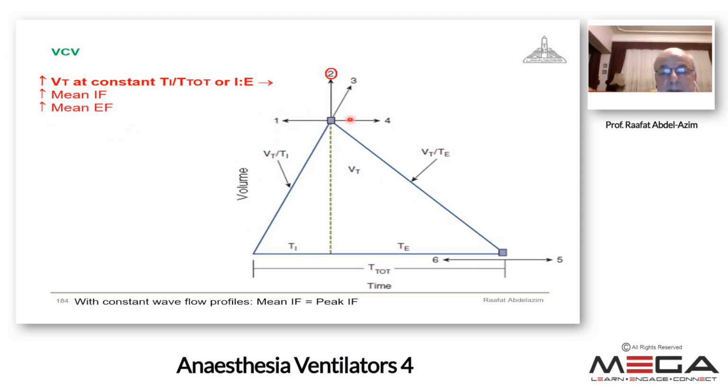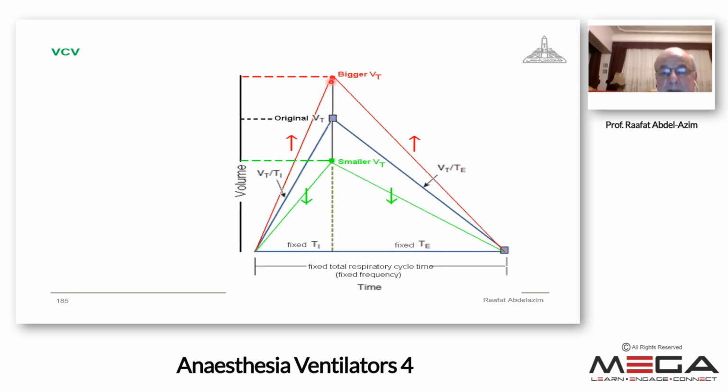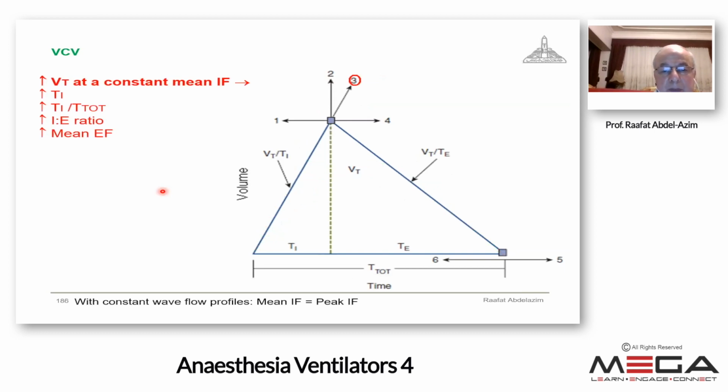Go to point 3, increasing the tidal volume. As I described before, these effects apply with a bigger or smaller tidal volume: the flow rates in inspiration and expiration will increase, or will decrease, when changing the tidal volume while keeping the I:E ratio constant.